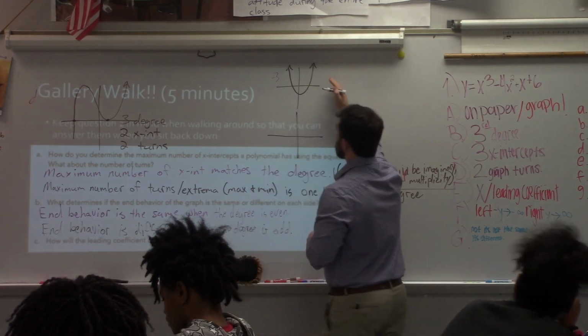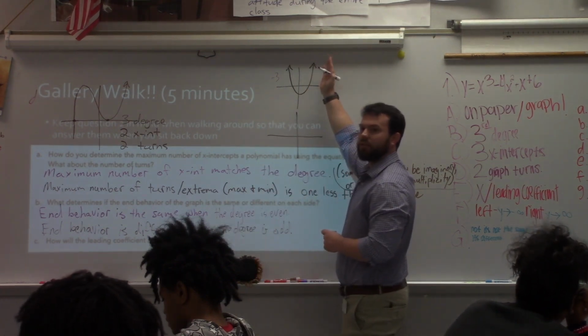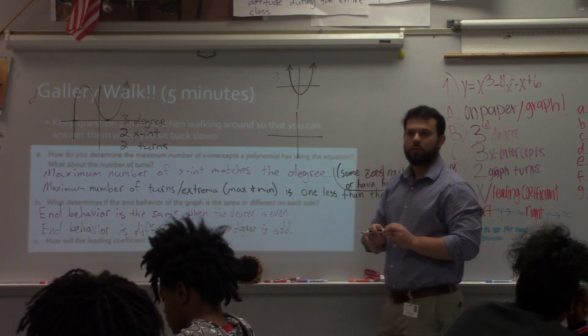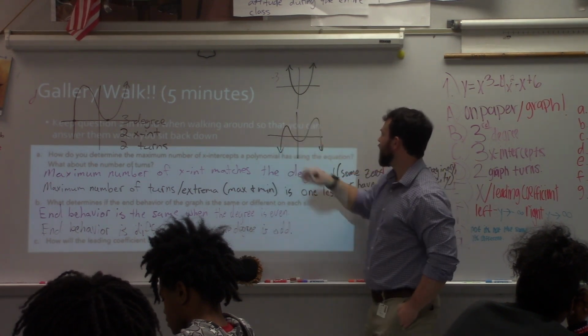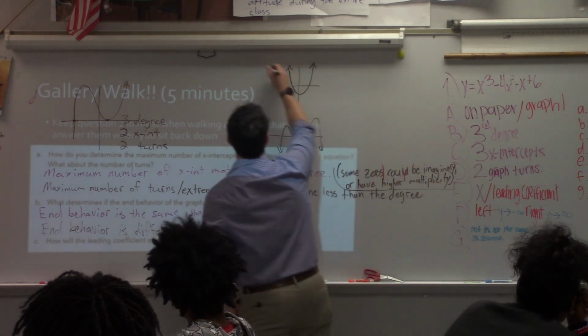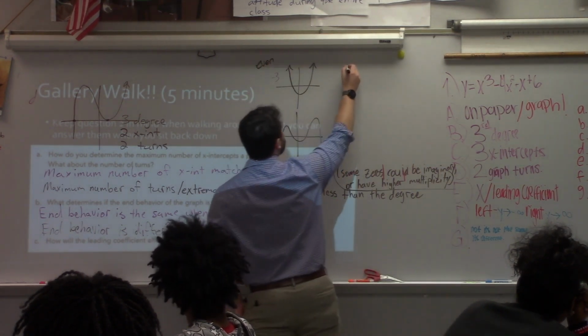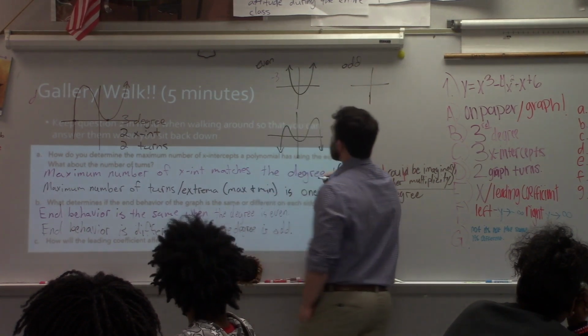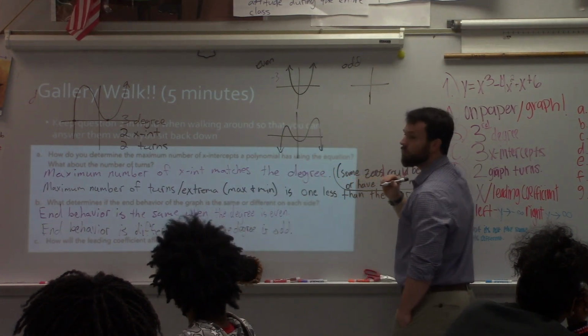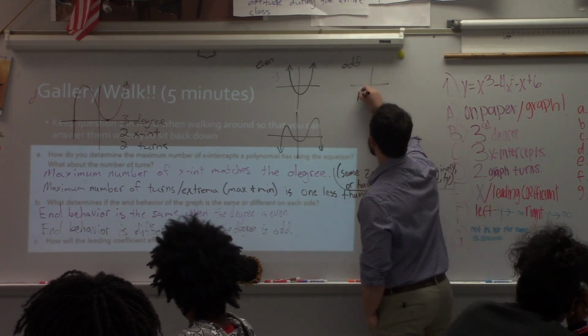That means it could go up to infinity on both sides, or it could go down to negative infinity on both sides. So this would be even, this would be odd. So when it's odd, the end behavior is what? Different.